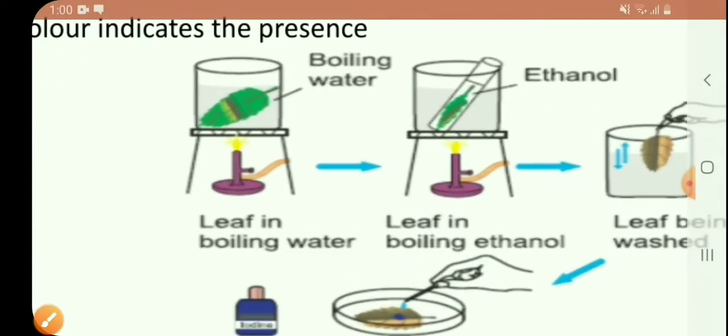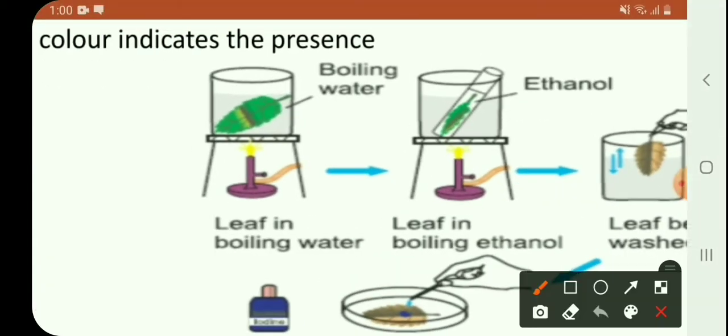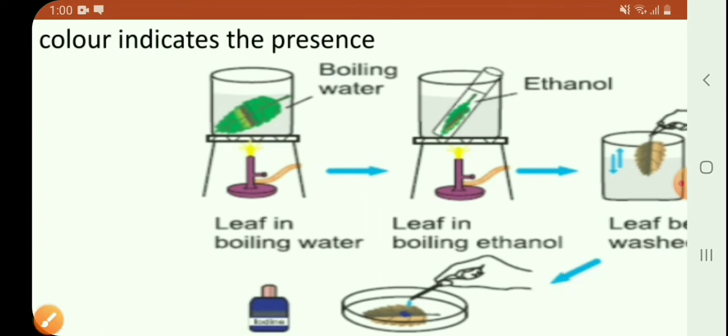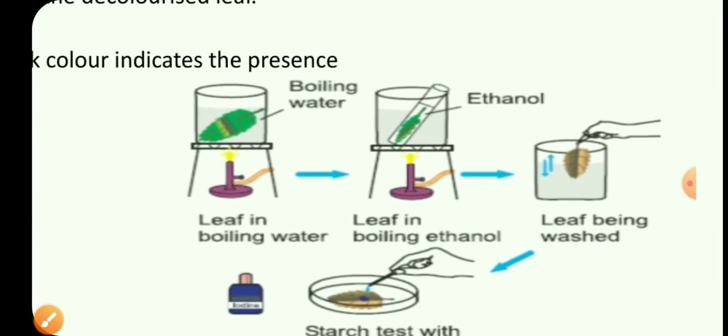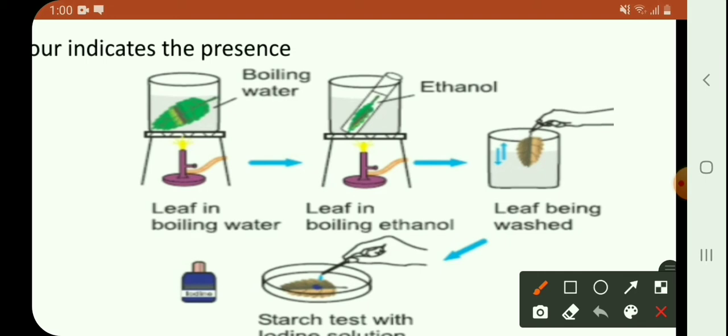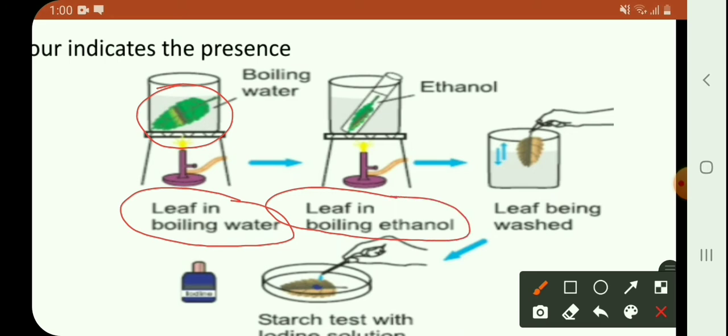Let's see the experiment. We pluck green leaves from a plant. Then we boil it in water. Then after boiling it in water, we boil it in ethanol. Ethanol means alcohol.